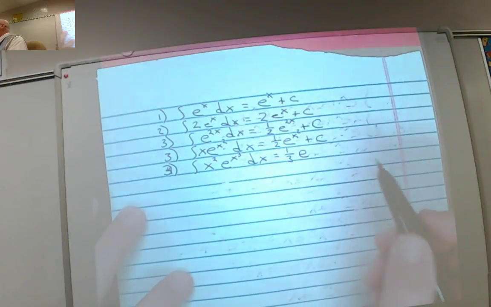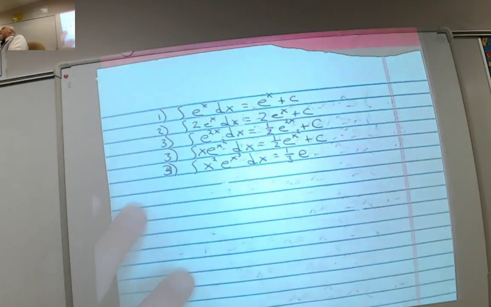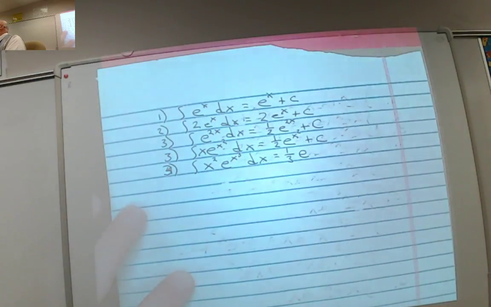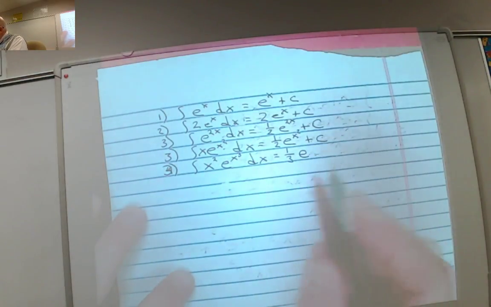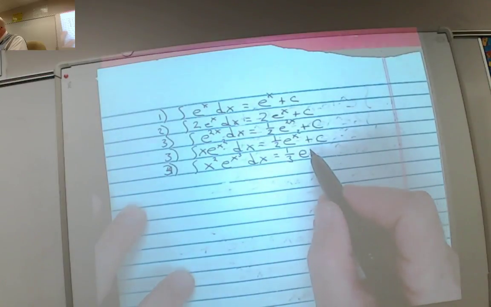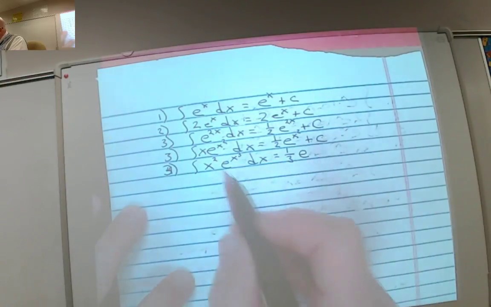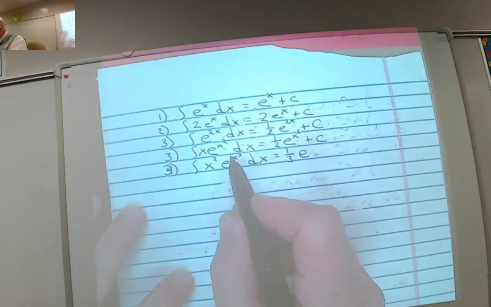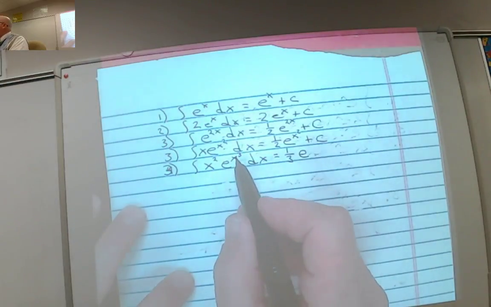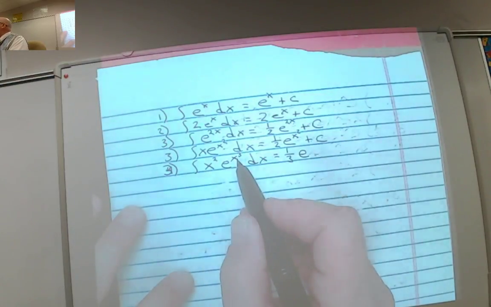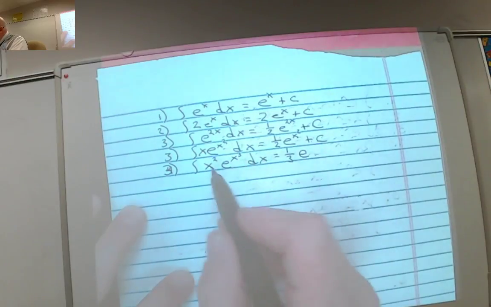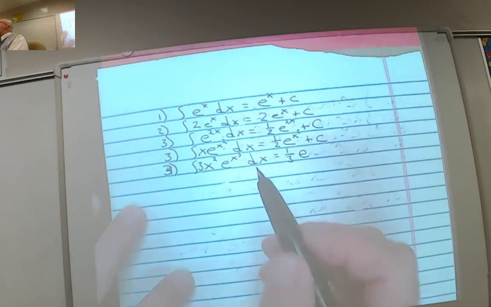2x, 1/3. I heard 1/3, I heard e. Well, the exponent stays the same, correct? And this x cubed needs its derivative in the integral. It would need a 3x squared, correct?